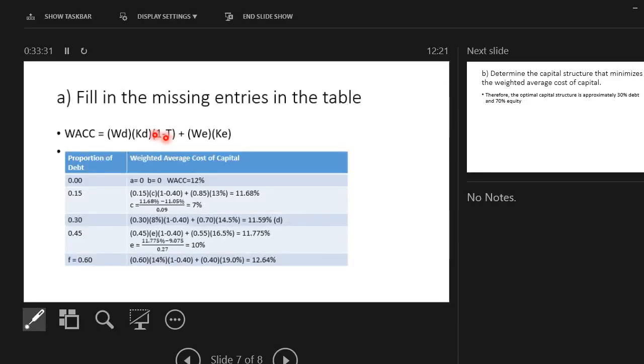Let me just highlight this whole part here. When you multiply these two, this will give us an after-tax cost of debt. You see where I'm highlighting? These two, KD multiplied by 1 minus T, altogether will give us an after-tax cost of debt. That's what you want.